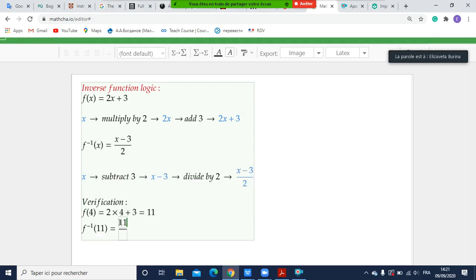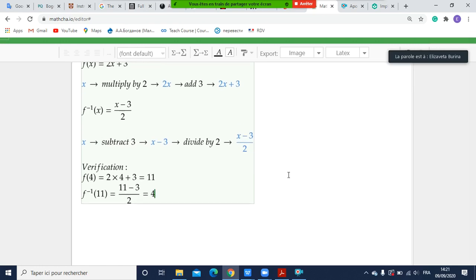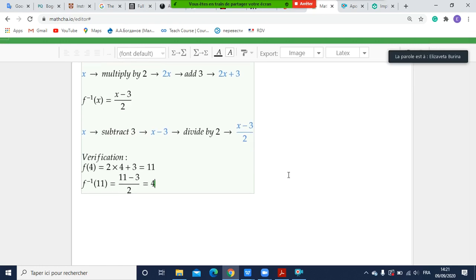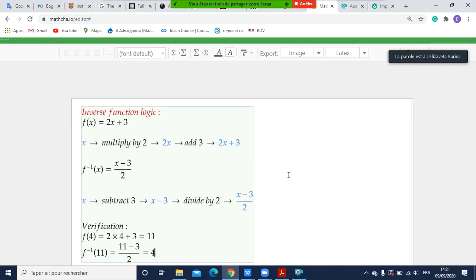So here I'll have 11 minus 3 divided by 2, cool. And that will be equal to miracle 4.